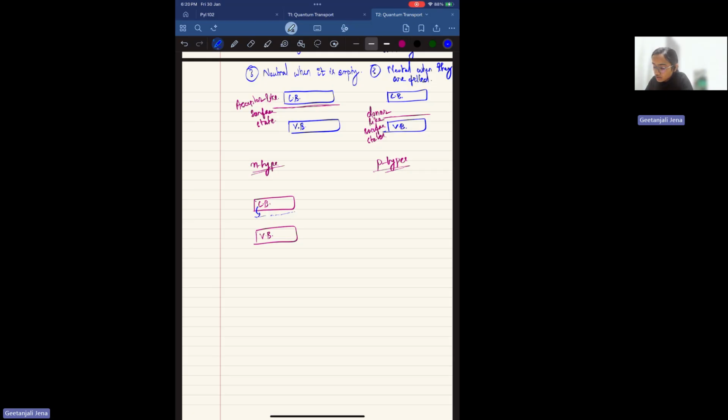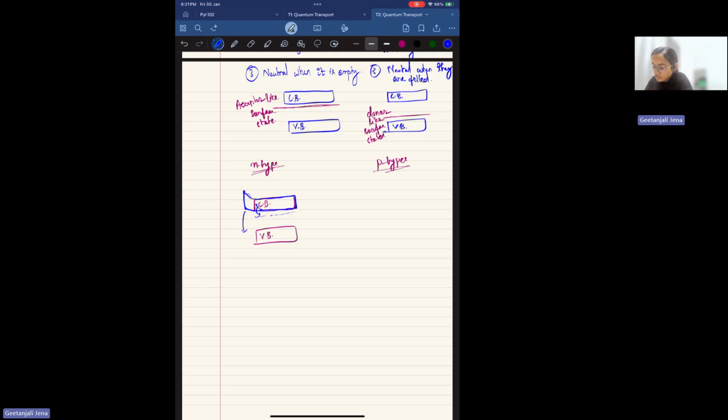Because of this, the energy of this region near the surface, where the charge transfer is happening, will bend upwards because there are now no charge carriers there. So they will move away from the bulk level. So this will become like this. In the bulk, they will remain as they are, but at the surface, they will move upward for the N-type. Similarly, what will happen to the valence band?